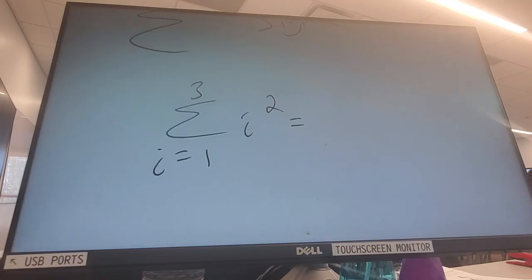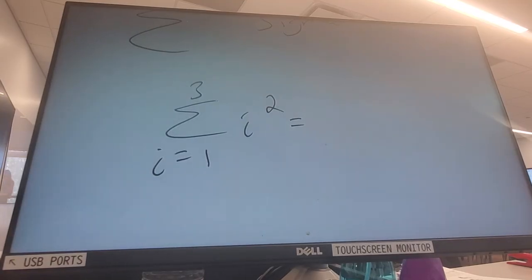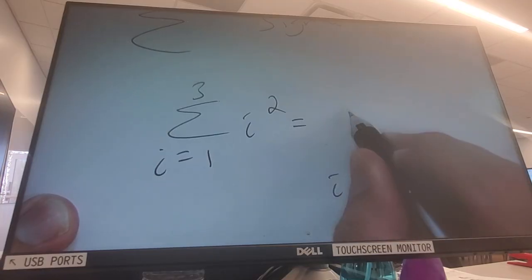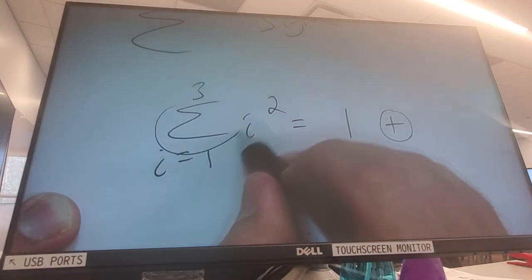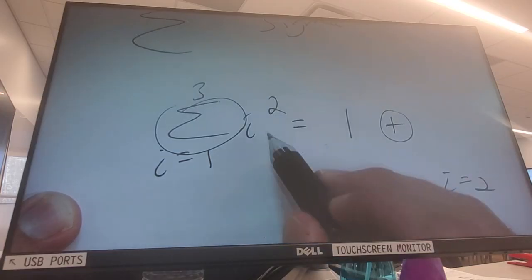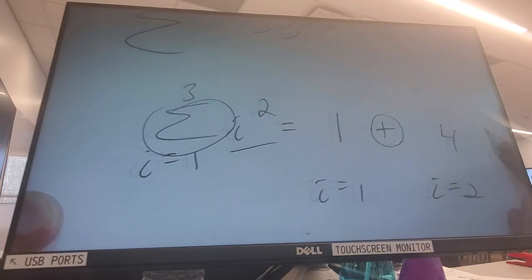So how would I determine this? What is this asking me to do? It's asking me to sum up the first 3 squares. So i is 1, what's i squared? When i is 1, our output is 1. Plus, because this means sum, when i is 2, what's i squared? 4.